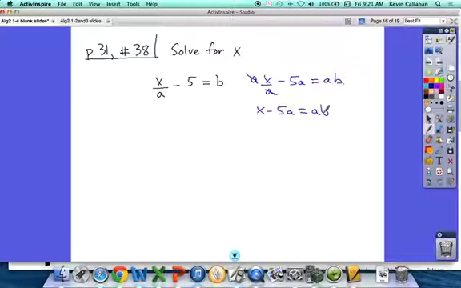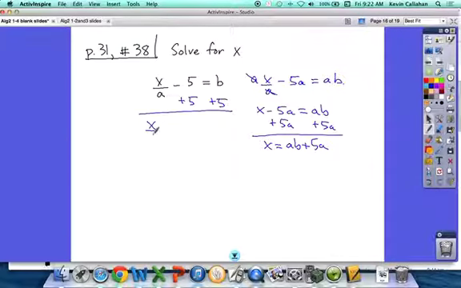Okay, and then what do I do? Add 5a, right? So this x has a minus 5a with it. If you did it the other way, you would add 5 here.